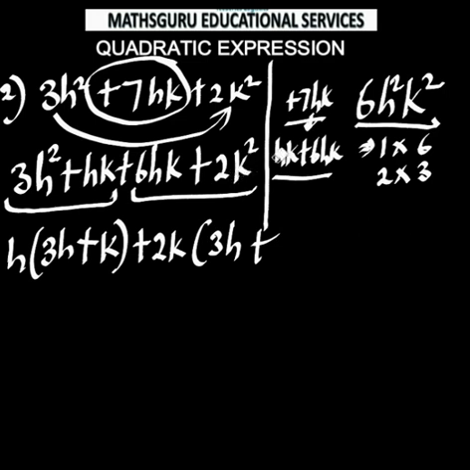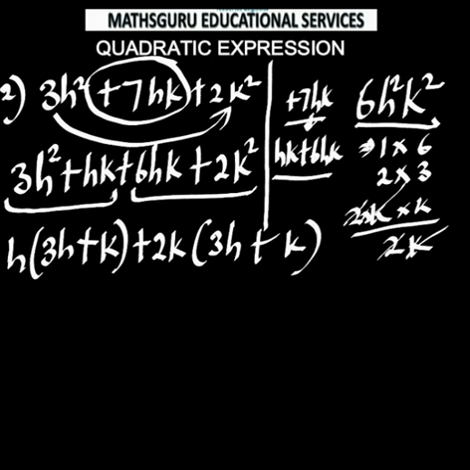we're going to have 2k squared divided by 2k. 2k squared means 2 times k times k over 2k. 2 can go with 2, k can go with k. We are left with 1k, which is written this way.